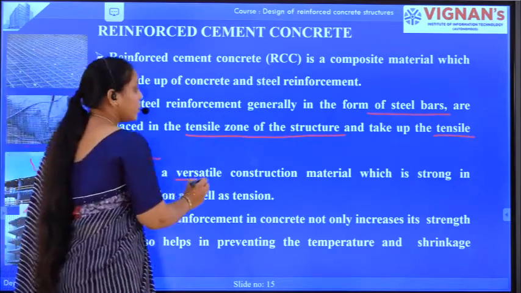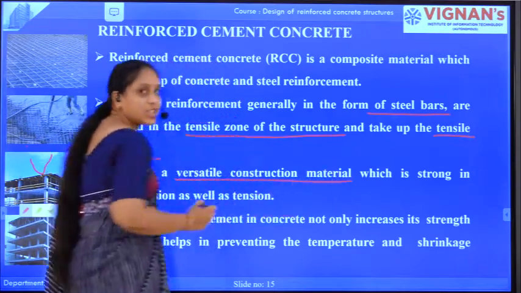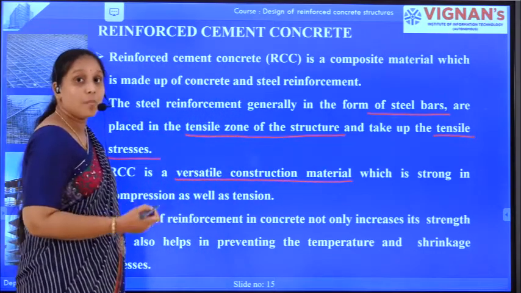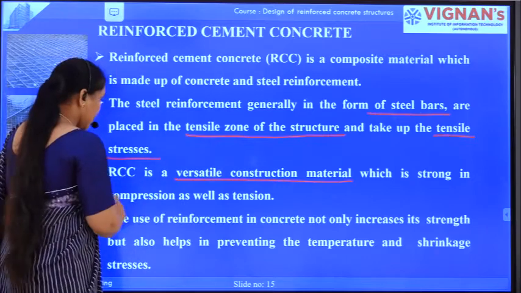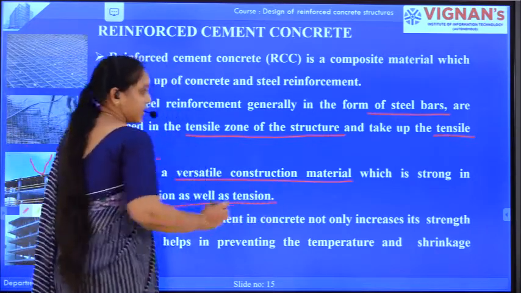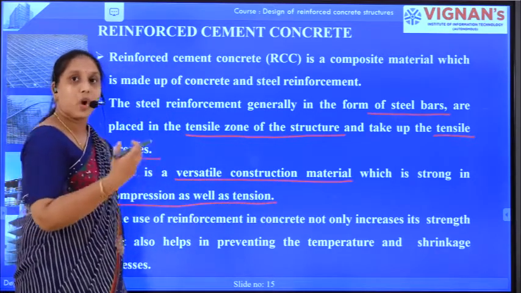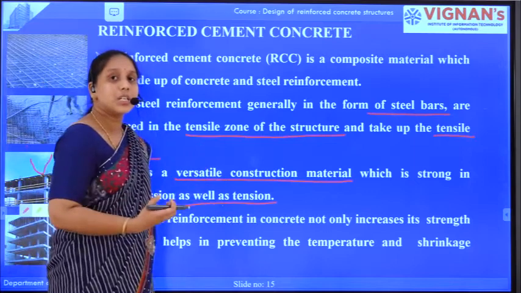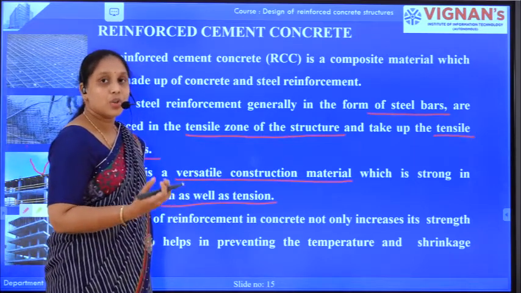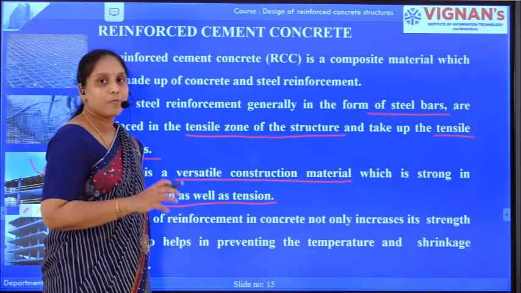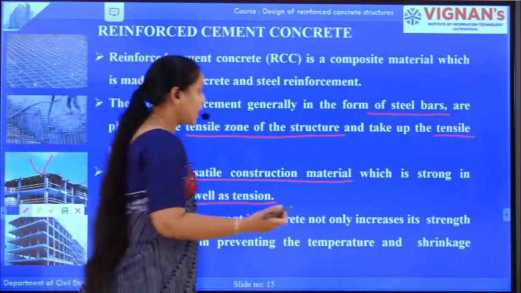And so for that reason, RCC is a versatile construction material which is strong both in compression as well as tension, because concrete is good in compression and steel is good in tension.